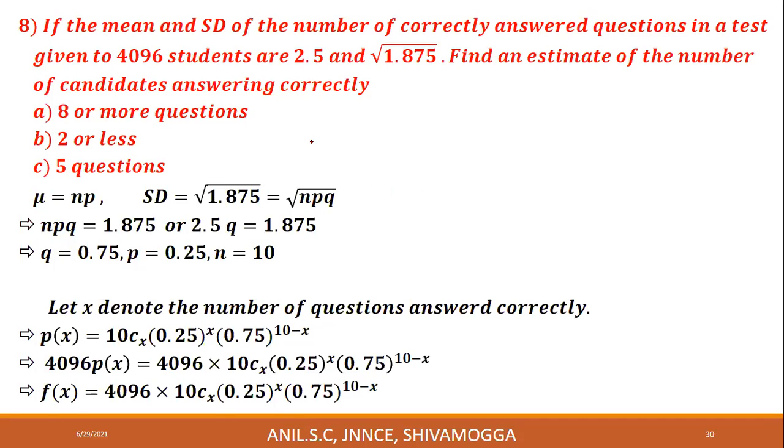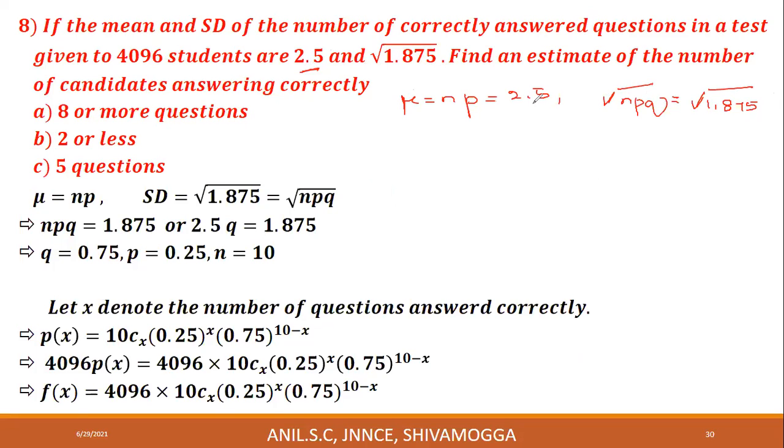What is the first statement? The mean, mu, is equal to NP, and the mean is 2.5. The standard deviation is the square root of NPQ. Standard deviation means square root of variance, or square root of NPQ. This is equal to square root of 1.875.